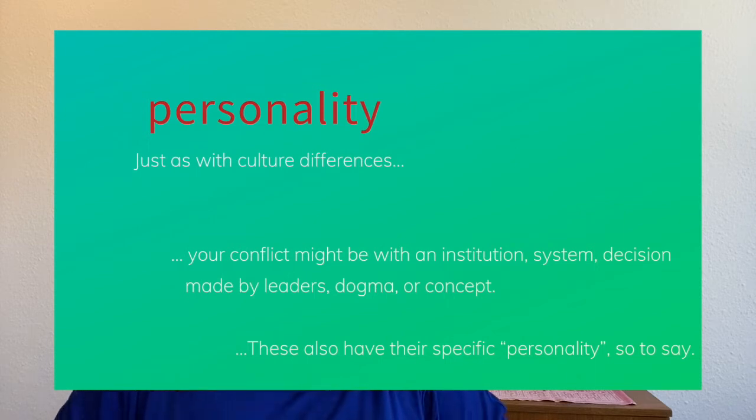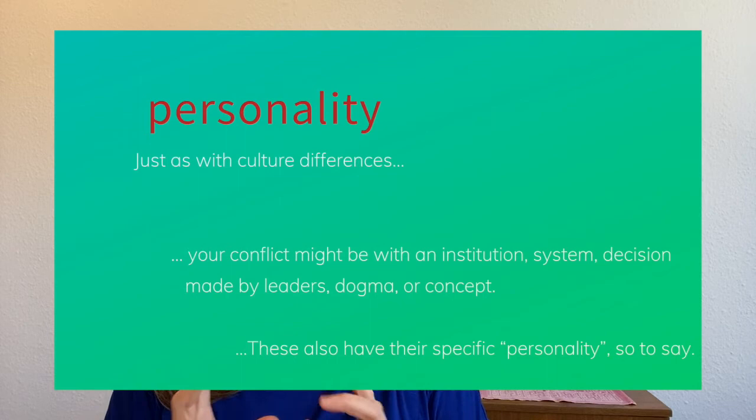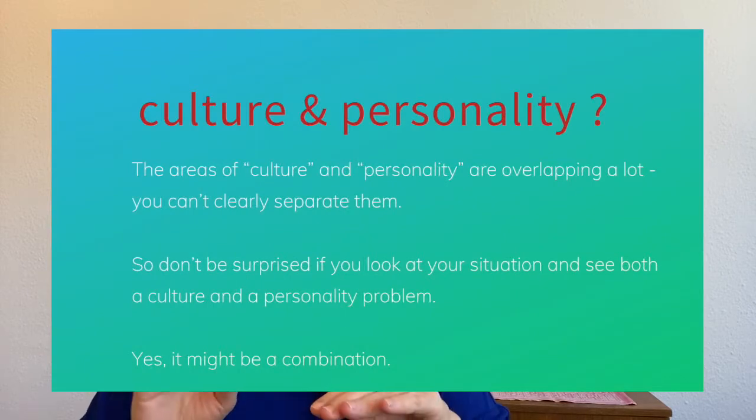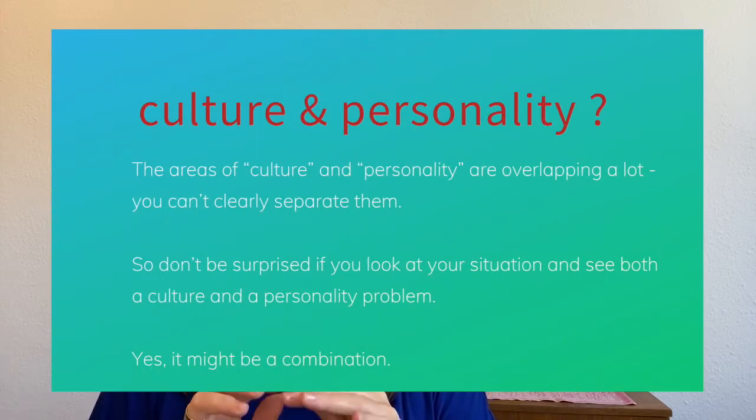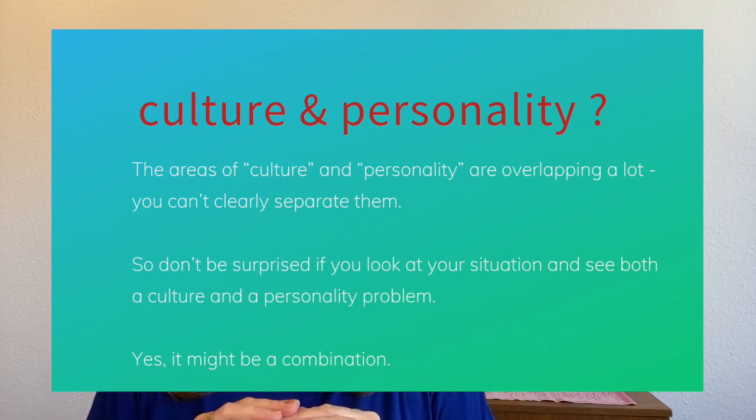Well, the interesting thing is, these also have their specific personalities, so to say, and the areas of culture and personality are overlapping here a lot. You can't clearly separate them. So don't be surprised if you look at your situation or your conflict and see both a culture and a personality problem.